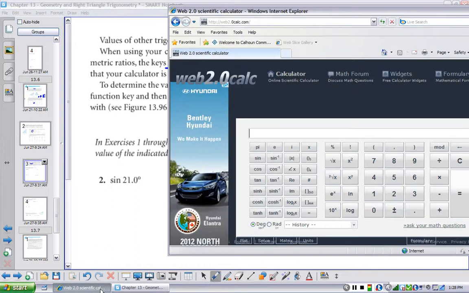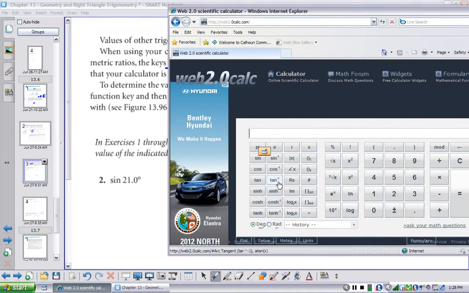Let's look at the calculator for a minute. Here, notice we have sine, cosine, and tangent there. Next to it, we have cosine to the negative first power. This represents the inverse, or arc cosine. And what happens is when you use this button here, you end up getting an angle back.